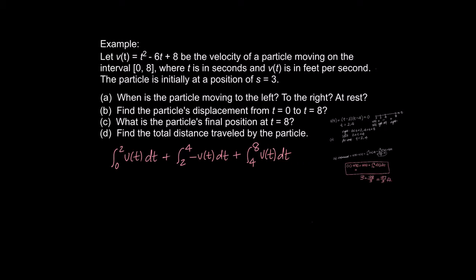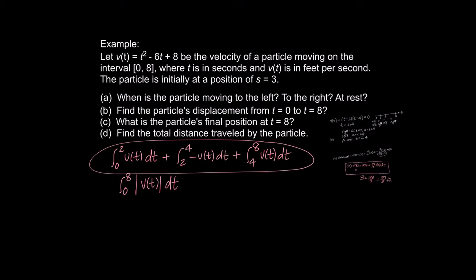So this is how you do total distance traveled. Now the short way of writing this is the integral from 0 to 8 of the absolute value of v of t dt. This ensures that we're anti-differentiating something that's positive so that we would get a positive result.